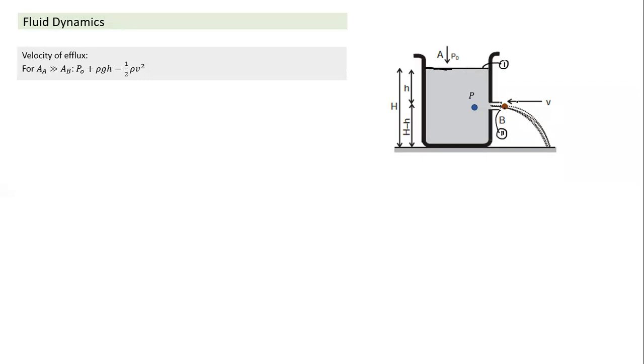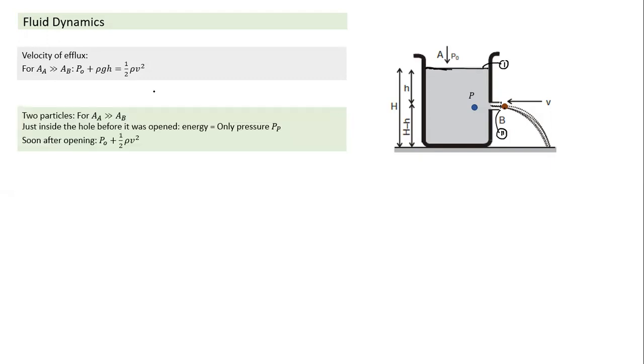When we write this Bernoulli's equation, I am writing 1 by 2 rho v1 square, where v1 is the velocity at this section and v2 is the velocity at this point. But A1 v1 is equal to A2 v2. In the case of a vessel with a small hole, the cross-section area A_A is much greater than A_B.